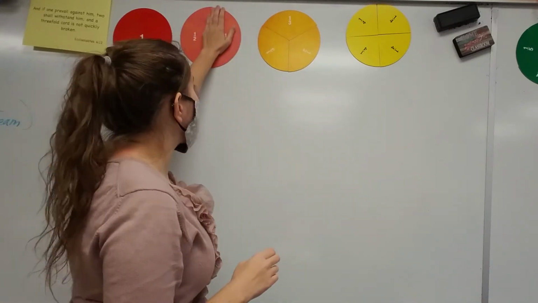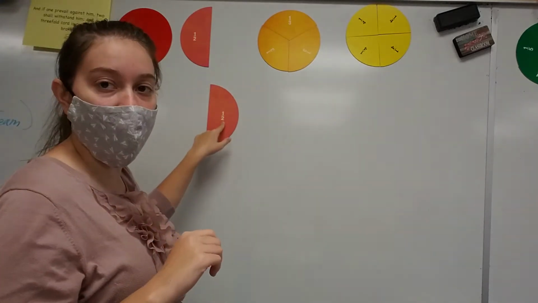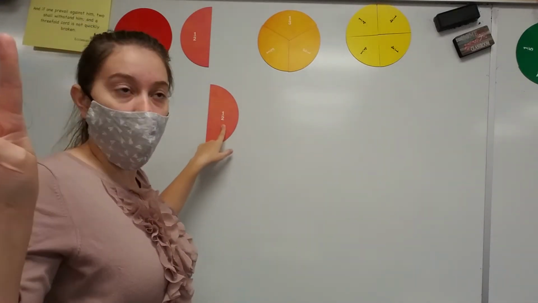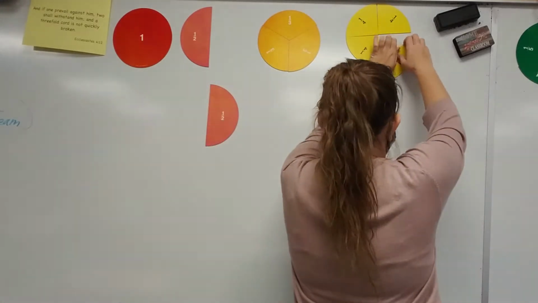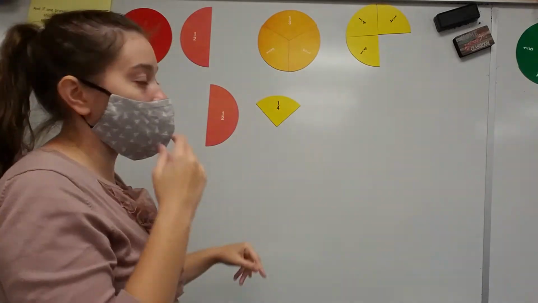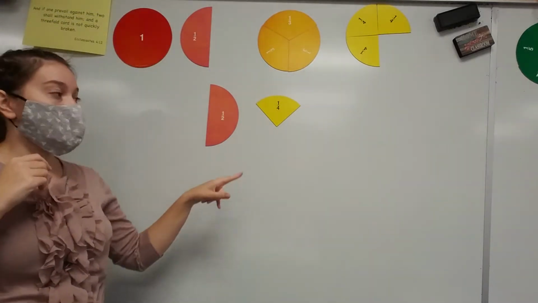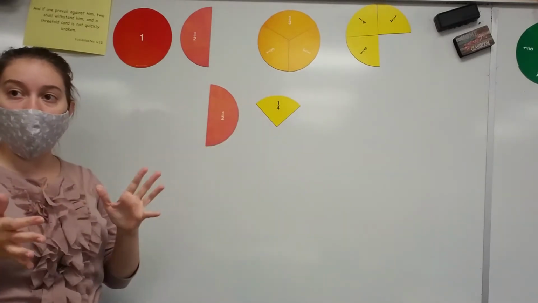So if I have halves, my denominator is 2, right? If I have fourths, my denominator is 4, and my piece is smaller, right? The bigger the number, the smaller the piece, right? Do you guys see that?